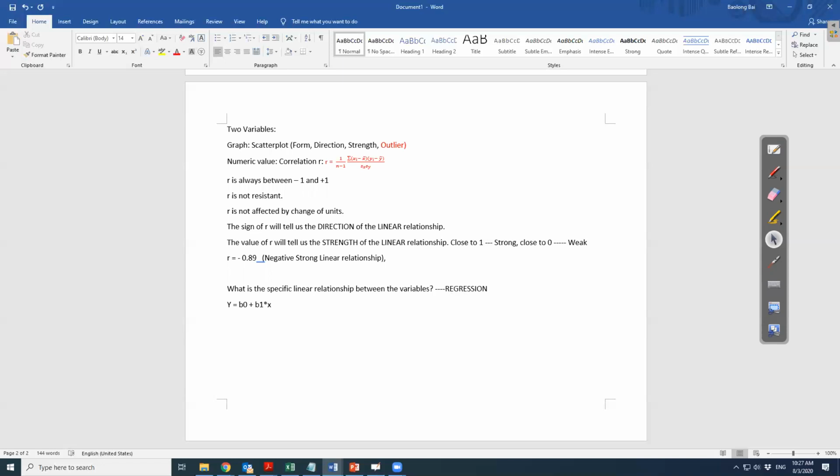So b1 is slope m, b0 is intercept b. So we just need to quantify the two coefficients. What is b0? What is b1, right? Then for any given data set, if you identify there's a linear relationship, we can always calculate the two coefficients, b0 and b1.